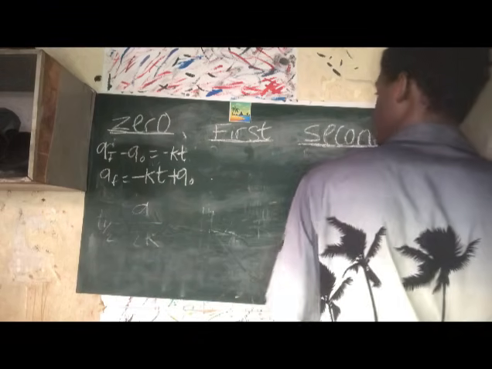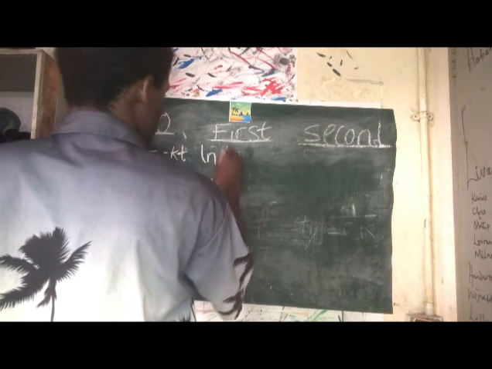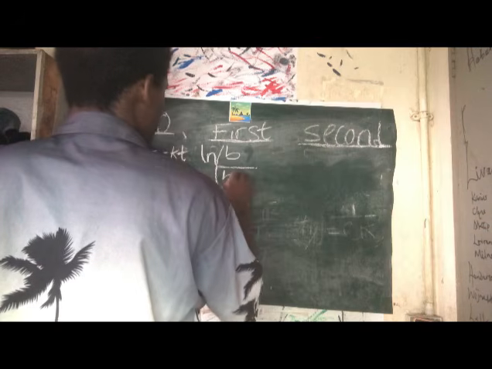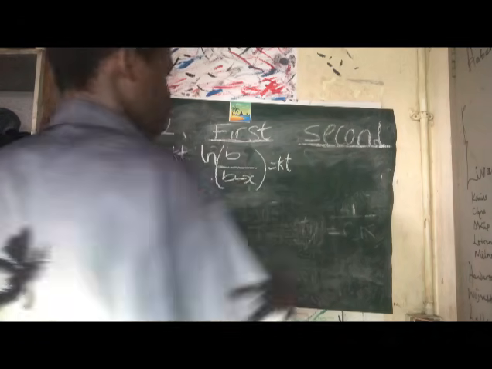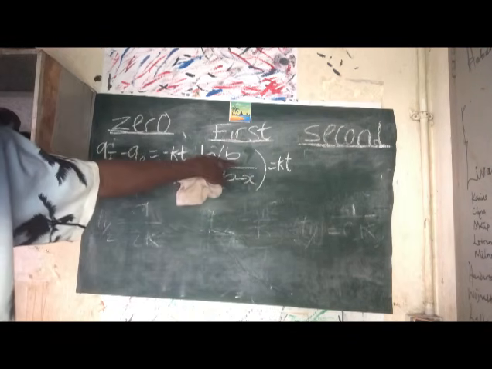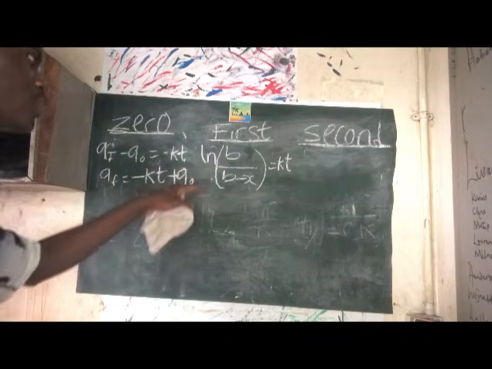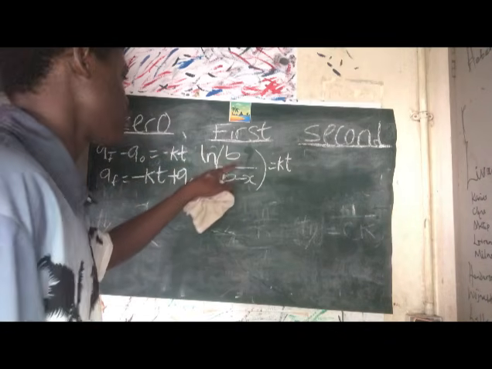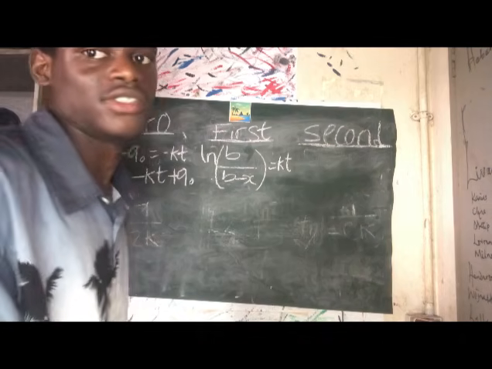For our first order reaction, it is ln b over b minus x is equal to kt, where this b is the complete concentration, mostly 100%, while this b minus x is the concentration after the reaction.